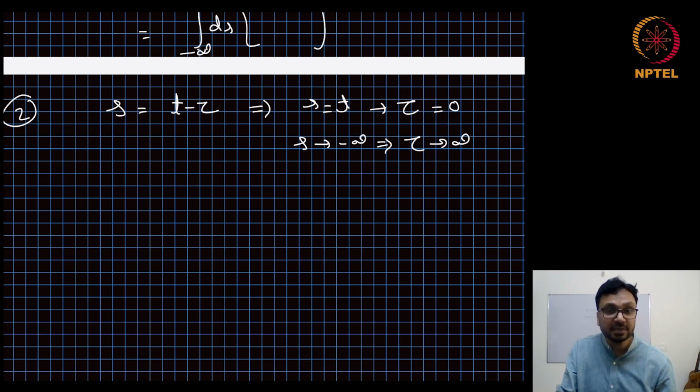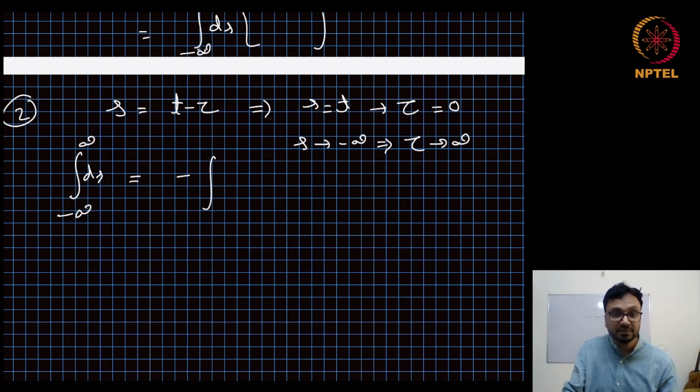So we have defined tau as a function of s, or s as a function of tau, such that when s is t, tau is 0, and when s is minus infinity, tau is infinity. So the integration limit from minus infinity to t will become minus d tau from infinity to 0, and that will be the integral from 0 to infinity d tau.